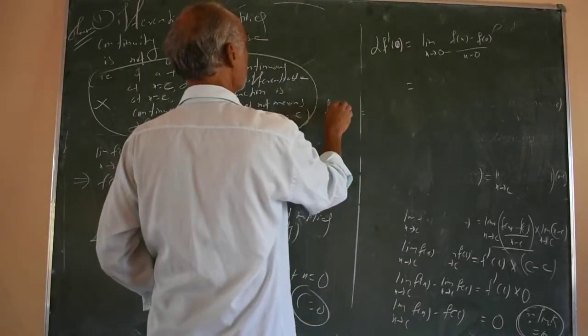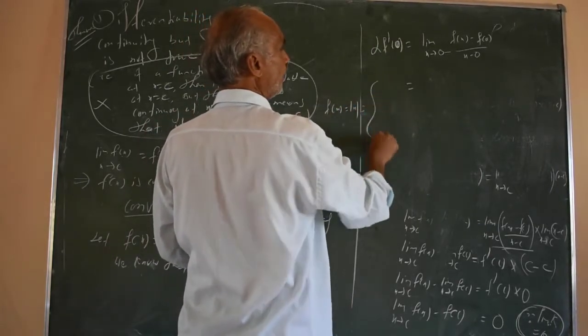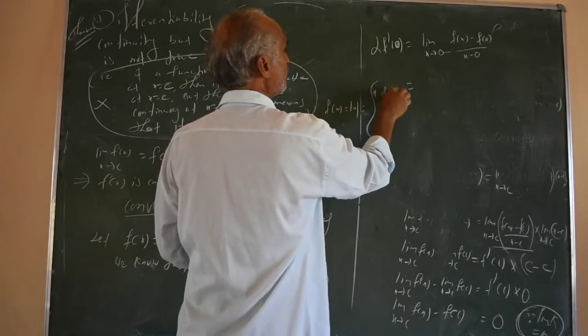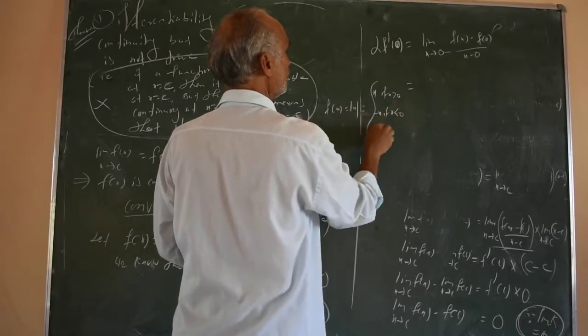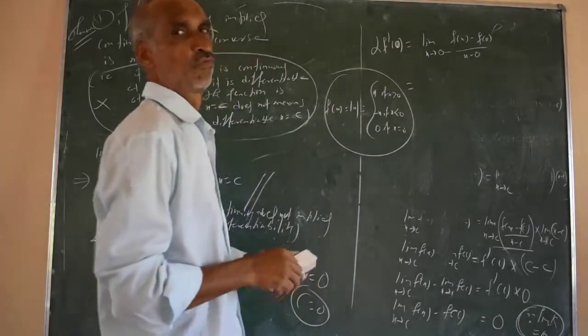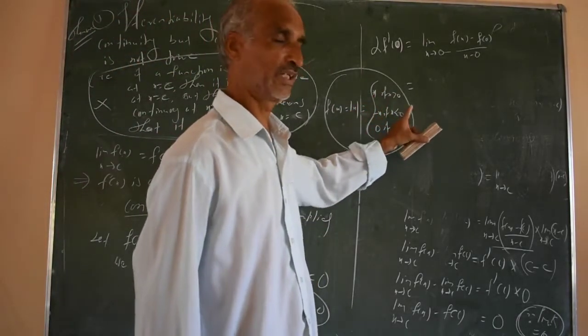F of x is mod x. You know the full expansion of mod x: it is x if x is positive, minus x if x is negative, 0 if x is 0.